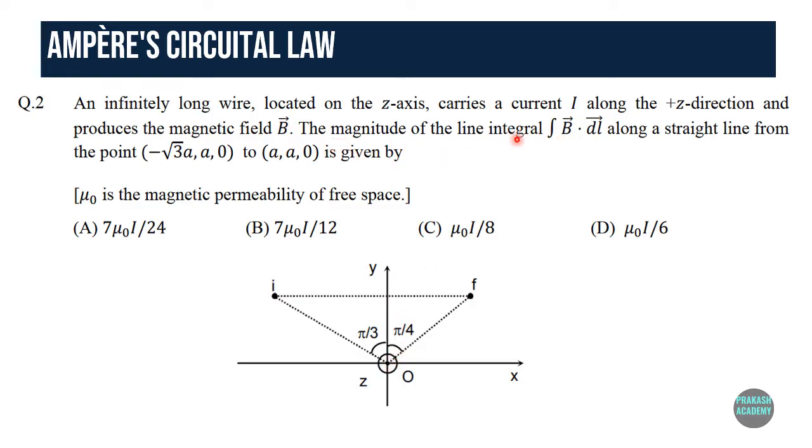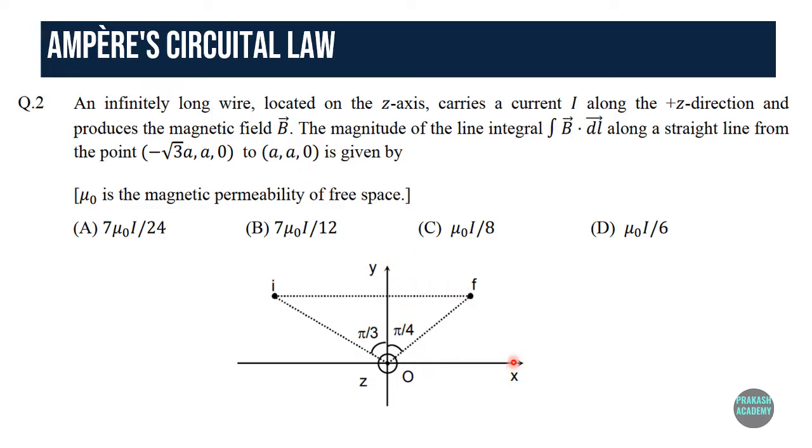The magnitude of the line integral of B dot dl along the straight line from the point (-√3a, a, 0) to the coordinate (a, a, 0) is given by. So, here I have a point and the coordinate of this point is this one, and this point is this one, because x and y both are positive.